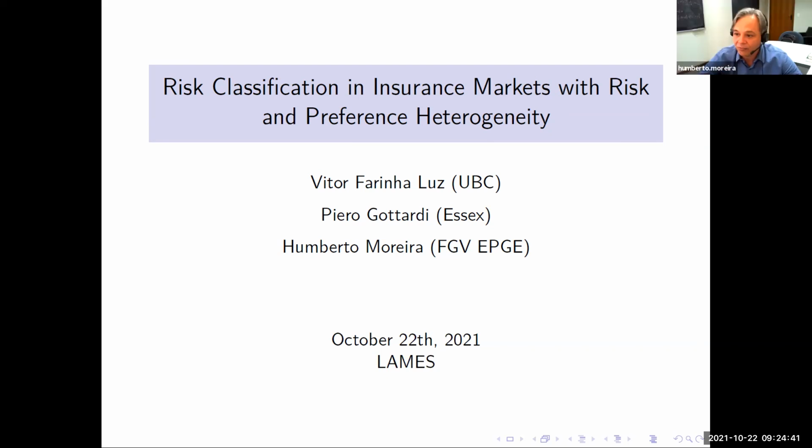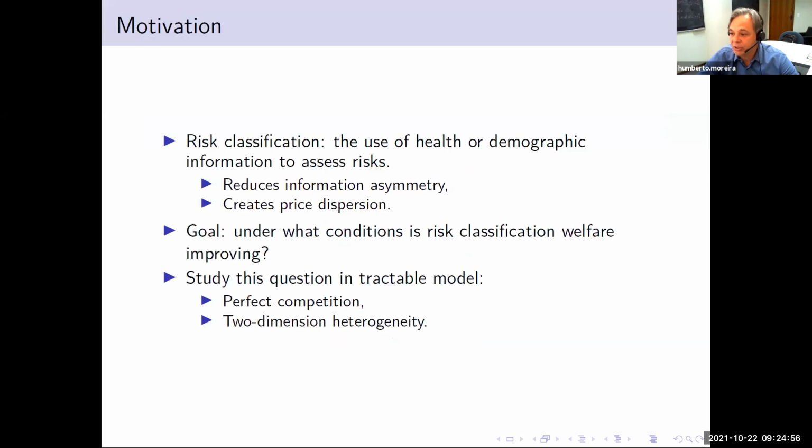If you allow for gender pricing, for instance, different groups have access to different menus of options. That's the idea. You want to understand the welfare impact of risk classification, and in particular, under what conditions it can be welfare improving. So you model risk classification through signal disclosure in this setting.